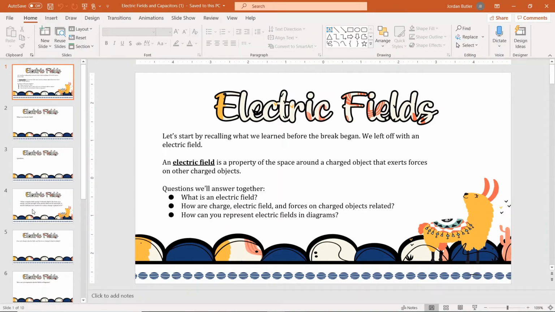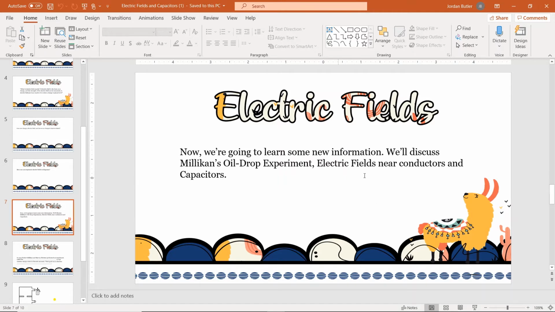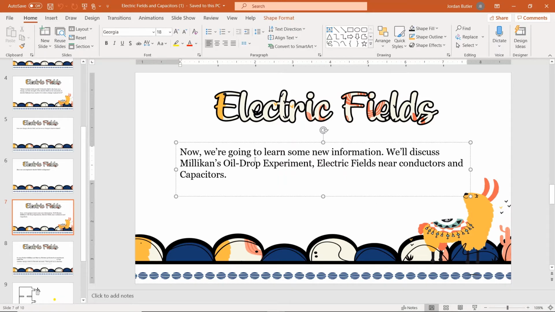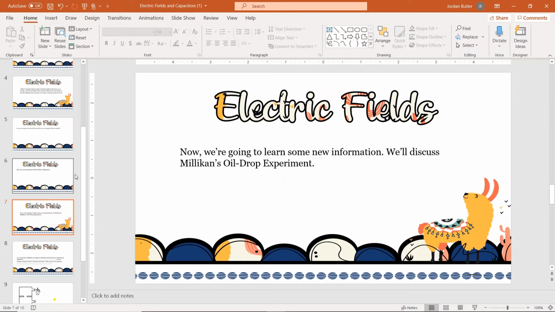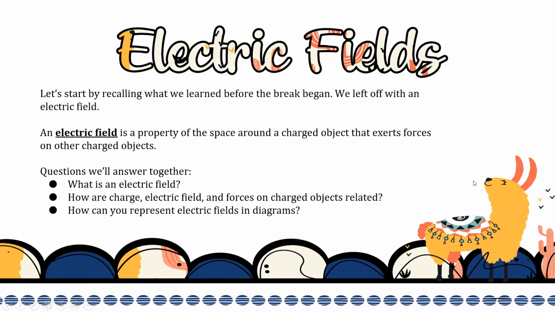One thing I want to say, for the new information, we were going to originally learn Millikan's oil drop experiment as well as electric fields near conductors and capacitors. However, since this is our first time doing the interactive stream and doing online homework, I decided to just do the oil drop experiment.